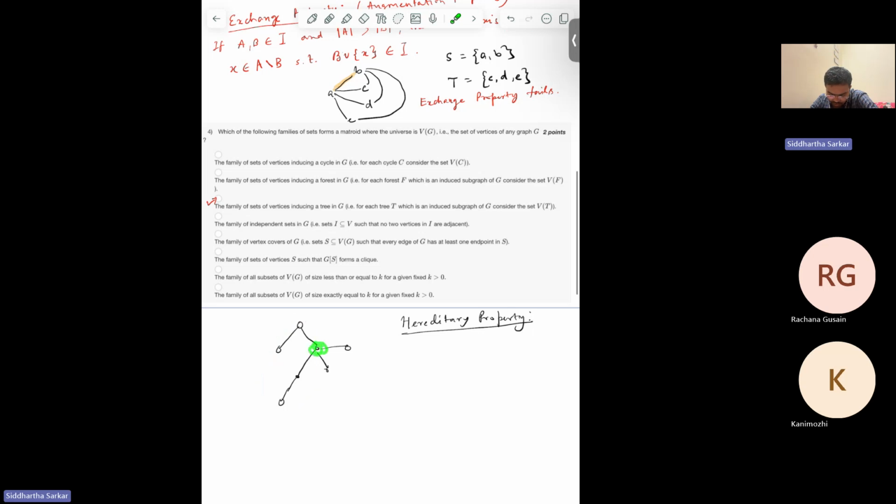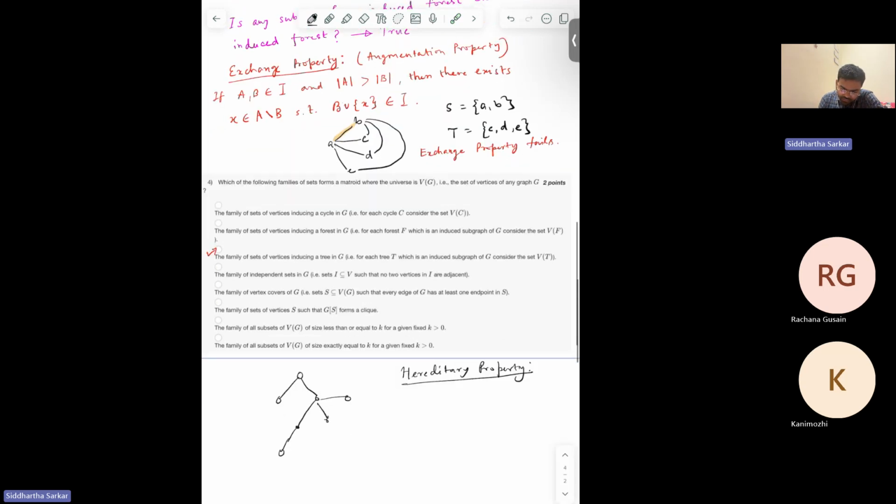Let us say I don't take this vertex, I take the remaining vertices. So if you look at the induced graph on the remaining vertices, there are multiple trees. So this is one tree, this is one tree, this is one tree, this is one tree. So connectedness is lost. It becomes a forest. So any subset should also be a tree. That is a hereditary property.